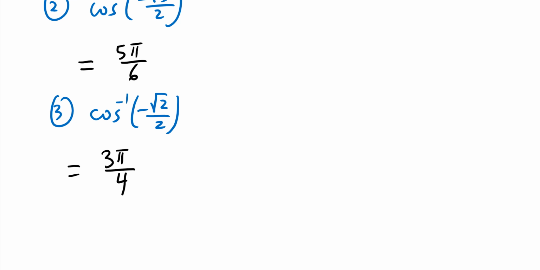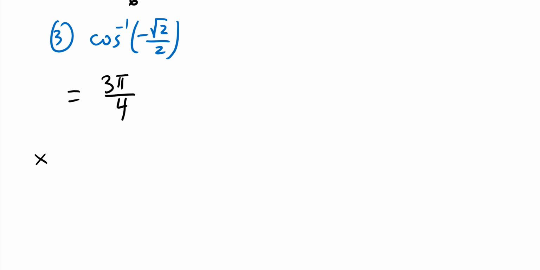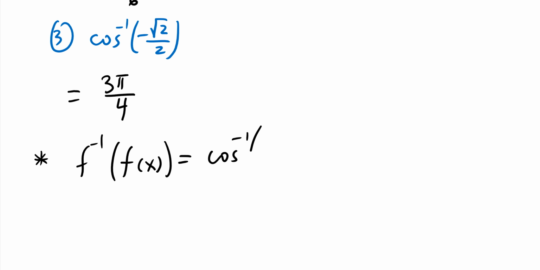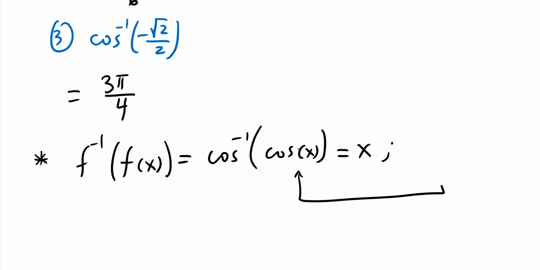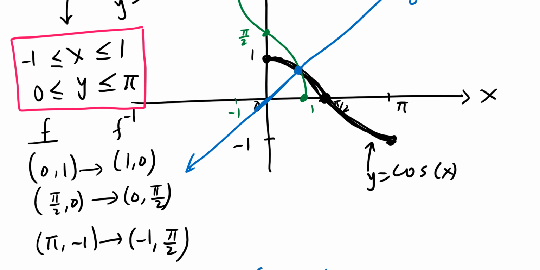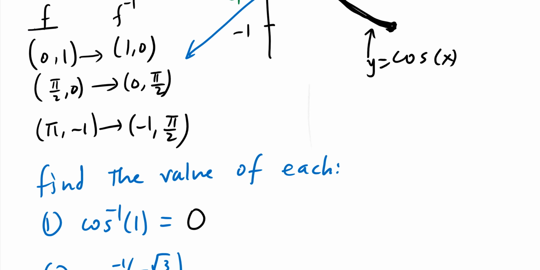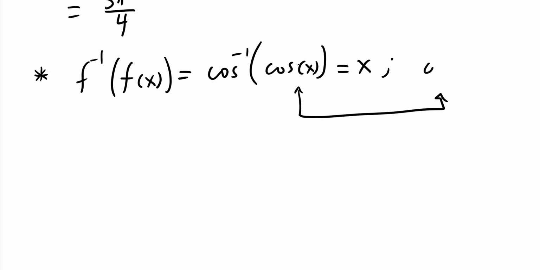Now what we have, f inverse of f of x, is the same as cosine inverse of cosine of x. And this is equal to x only under the conditions of cosine. So I graphed the cosine from 0 to pi, so 0 less than or equal to x less than or equal to pi.